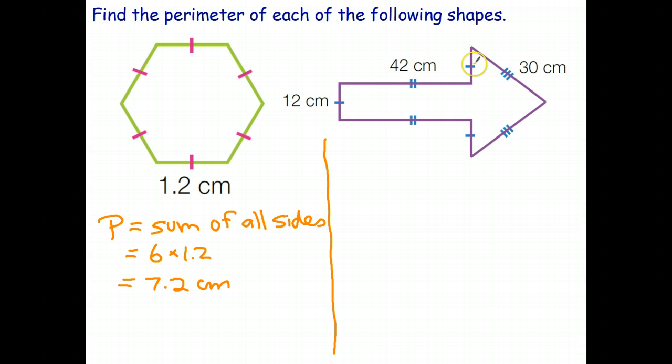You've got 1, 2, 3 sides that are 12 centimeters because they all have one tick on the sides. You've got 3 of those. You've got 2 sides that are 42 centimeters and 2 sides that are 30 centimeters. So you could save a bit of writing in this line by using that fact. Okay, stop the video, go ahead and find the perimeter of this shape here, and then turn the video on and check your answer.